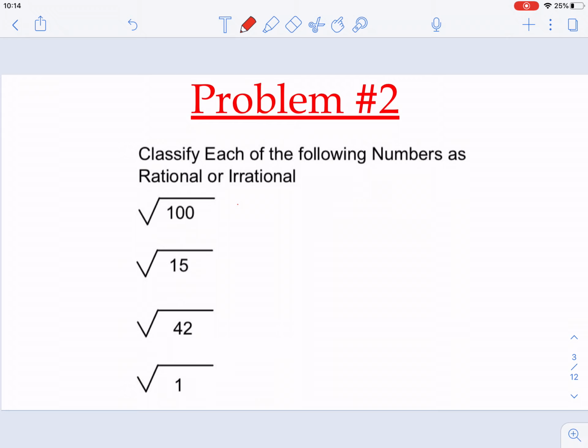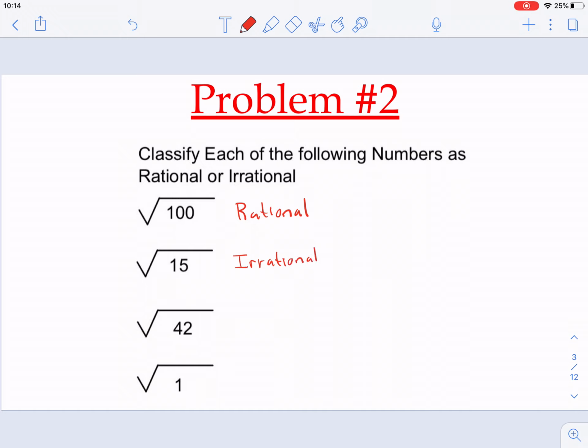100 is a perfect square, so the square root of 100 would be a rational number. The second example is the square root of 15. 15 is not a perfect square, so the square root of 15 would be an irrational number.